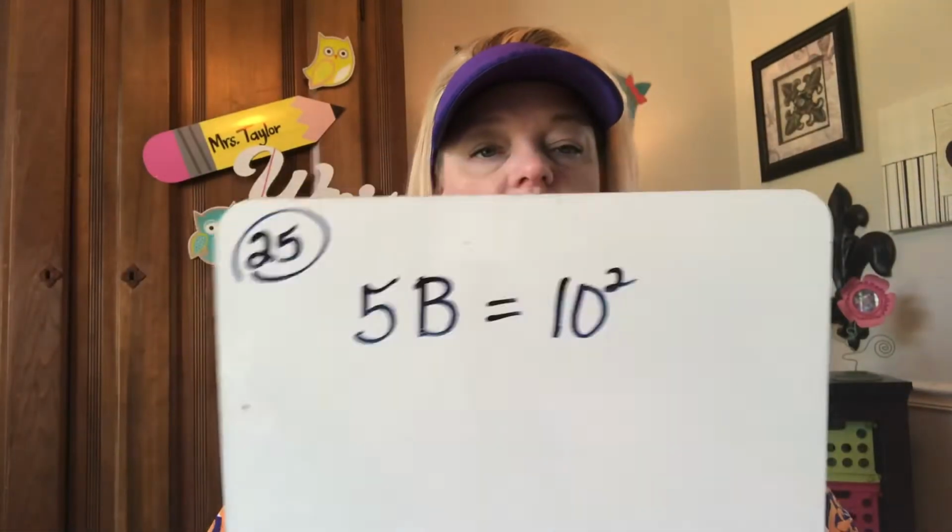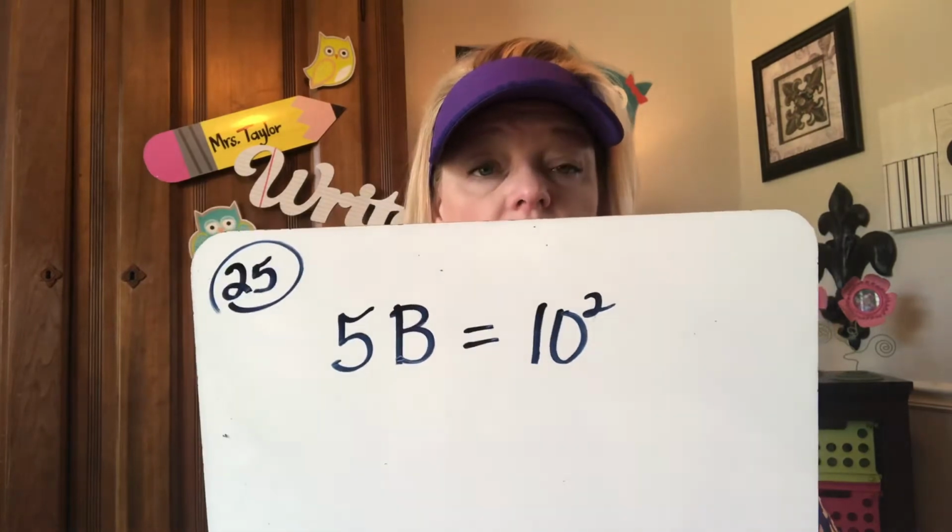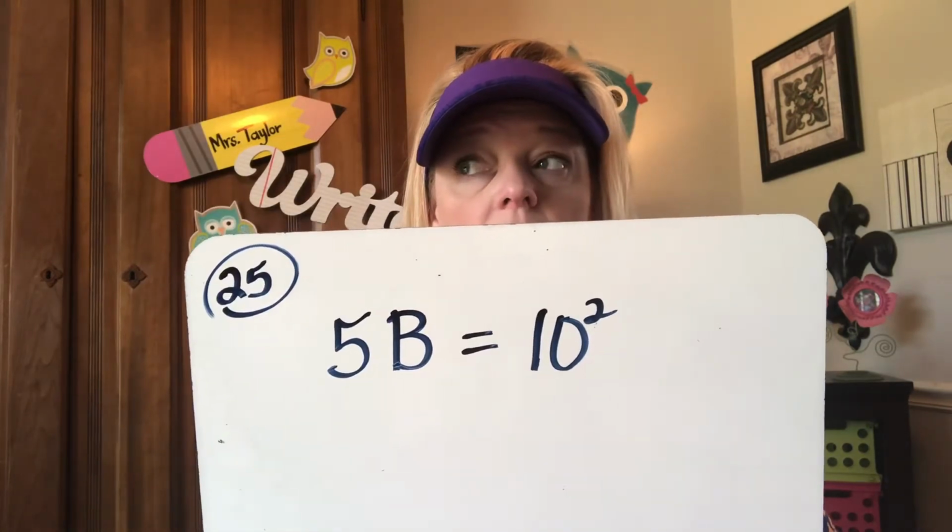It gives us an unknown factor. This is number 25. And this says 5B, I'm going to make it a capital B. 5B is equal to 10 squared. All right, so let's simplify one thing that we know. What's 10 squared? It's not 10.